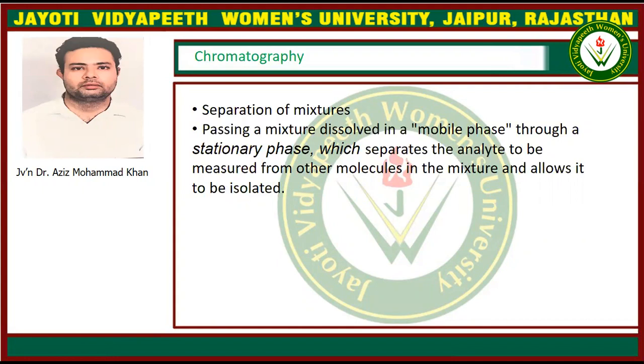Single particles can be separated, and a single compound, a micro compound, can be detected using the technique of chromatography. What is the basic principle of chromatography? Chromatography is based on two important terms. The first is mobile phase, and the second is stationary phase.